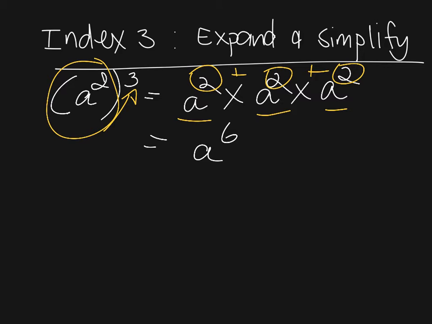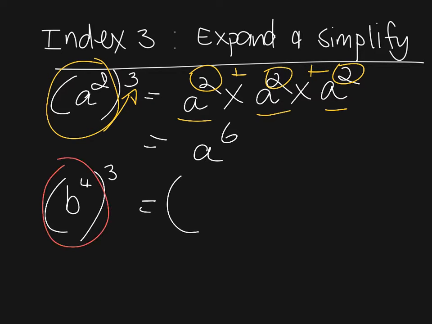Okay, so let's try that again, just to solidify what we're saying. So we have brackets. Let's say this time we have b to the power of 4, close brackets to the power of 3. So all it's saying again is that this has to be expanded out 3 times.